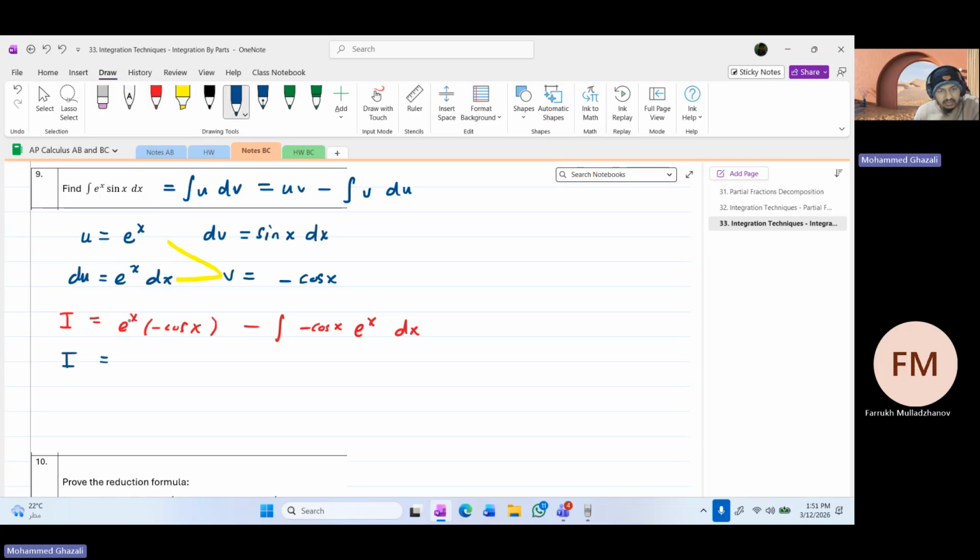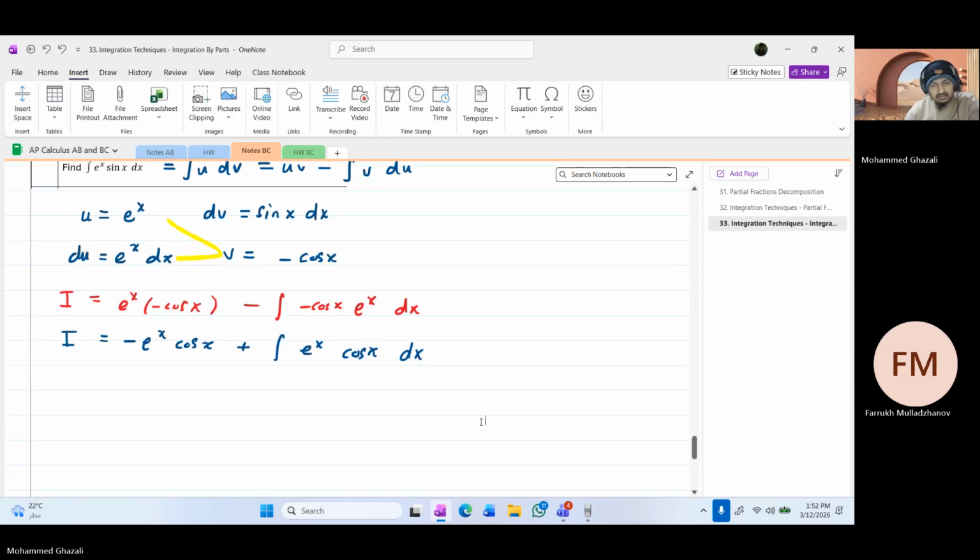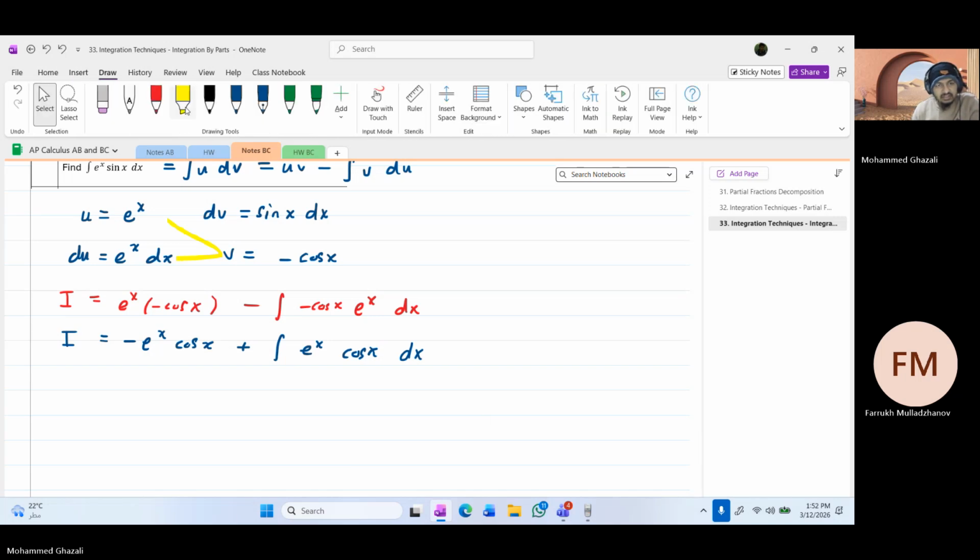So the integral is now equal to negative e to the power x cos x plus the integral of e to the power x cos x dx. Now we have a problem because this part here is another integration by parts.